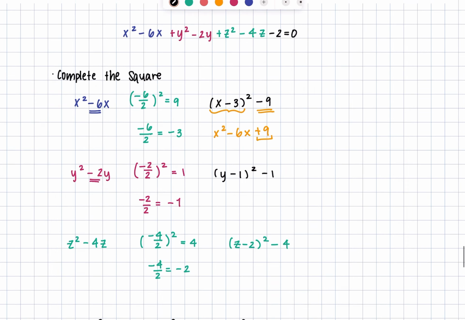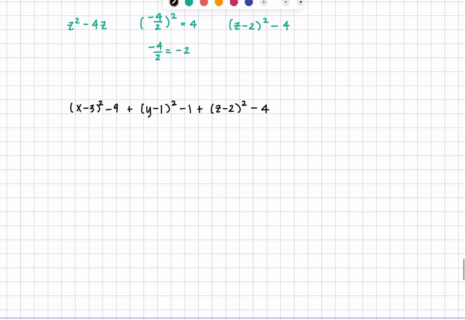And then let's not forget this negative 2 over here. That's very important, and you'll see that later. Equals 0.